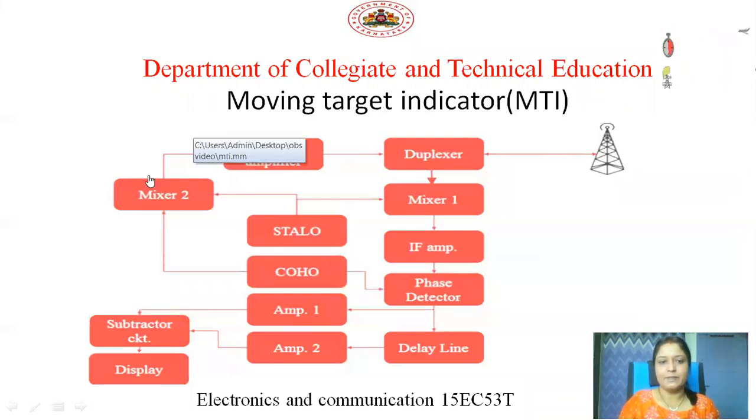Now we are at the transmitter section. If you observe, this is the transmitter mixer. At the transmitter mixer, we have two signals: one is the stable local oscillator frequency, and one more is the coherent oscillator. The main purpose of the coherent oscillator is to make sure the transmitted signal and the reference signal at the receiver are in phase.